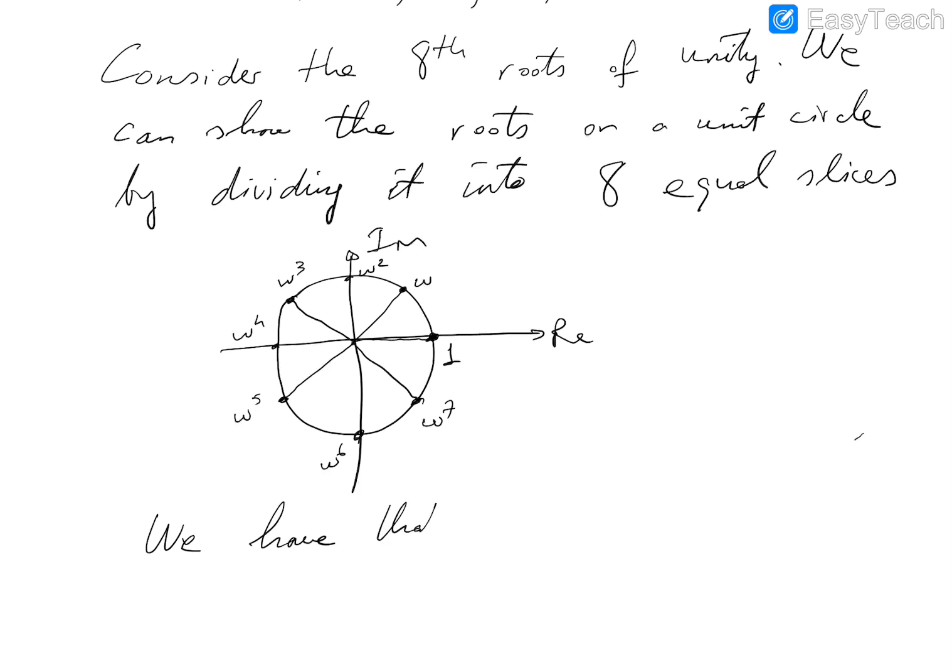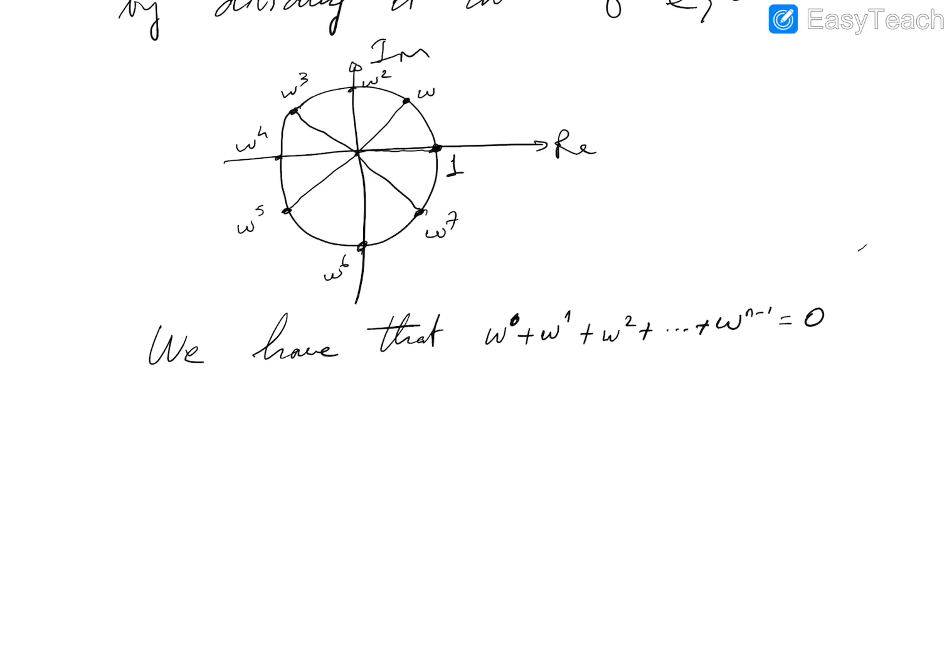We have that omega 0, which is equal to 1, plus omega 1 and so on, that's equal to 0. In general, if we multiply the exponent by the factor j, the summation is simply equal to 0, provided that j is non-zero.